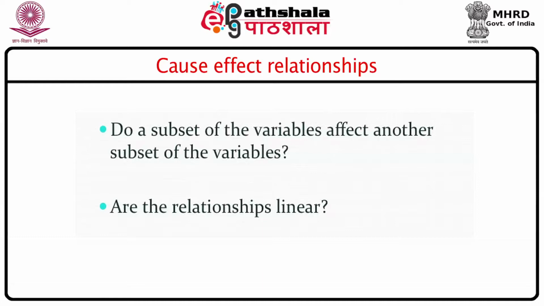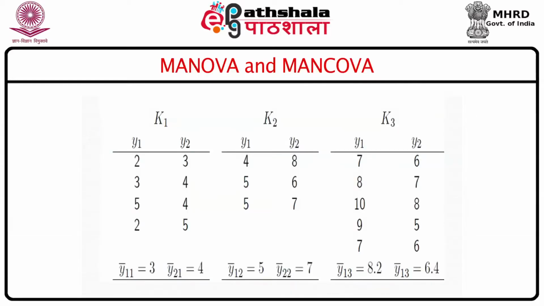They may be discrete, they may be categorical, and hence we might take recourse to an analysis of variance or an analysis of covariance. But in each of these cases, the number of response variables is more than one. So we extend the analysis of variance or covariance models into a multiple analysis of variance or multiple analysis of covariance model, which we refer to as MANOVA or MANCOVA.